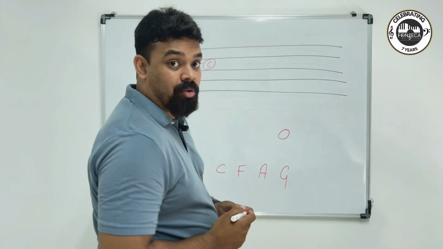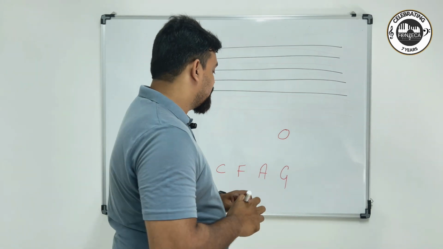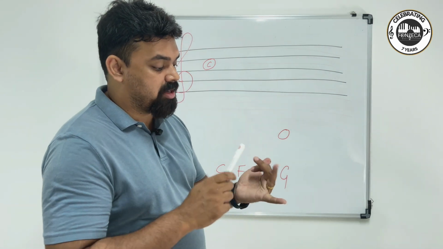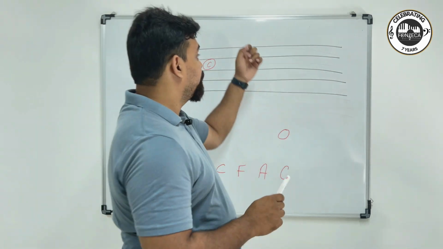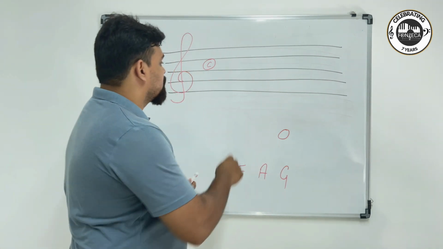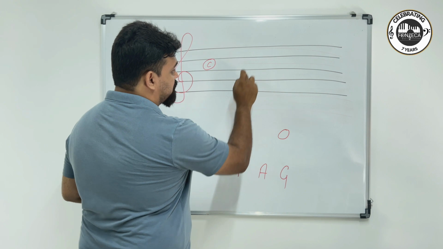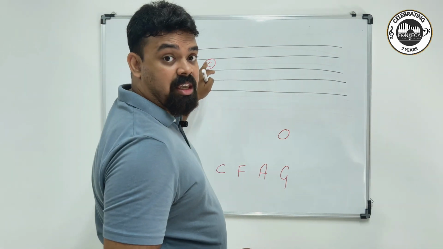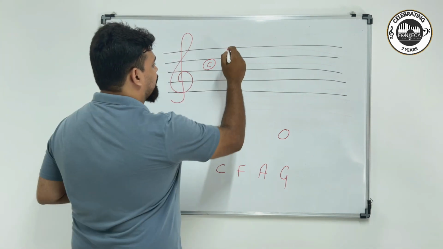Okay, let's go to the F note. For the F note, we have 2 options because F comes on every good bird does fly, the 5th line, or F, A, C, E, the 1st space. So we could draw it on the 1st space or on the 5th line. Since we have already drawn the C on a space, let's take this note on the line.